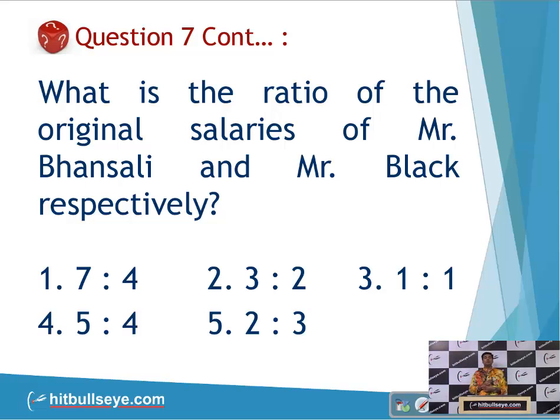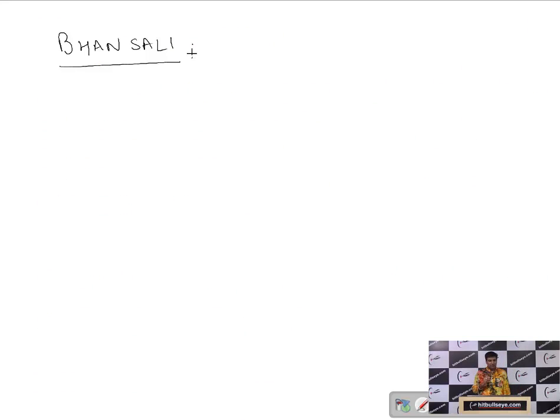Now let's approach this question with a bit of smart work, that is by using fractions for the respective percentage increase or decrease. So we had Mr. Bhansali's salary first, which was first increased by 50%. So something which is increased by 50% becomes 1 plus 1 by 2, that is, it becomes 3 by 2.